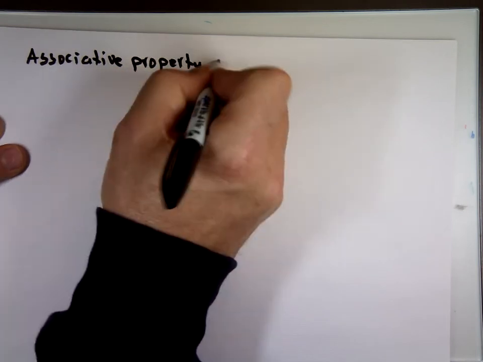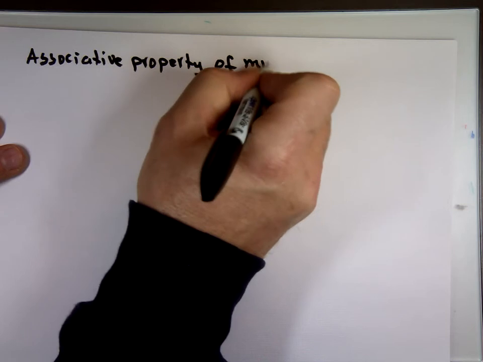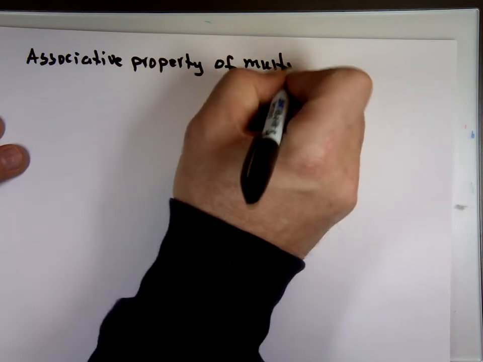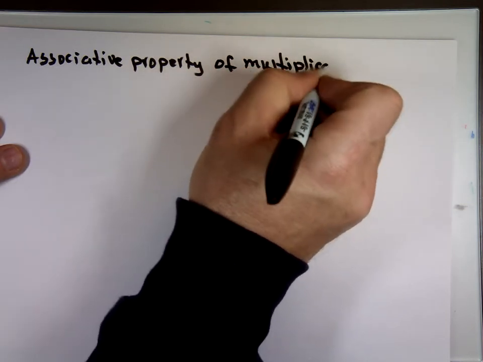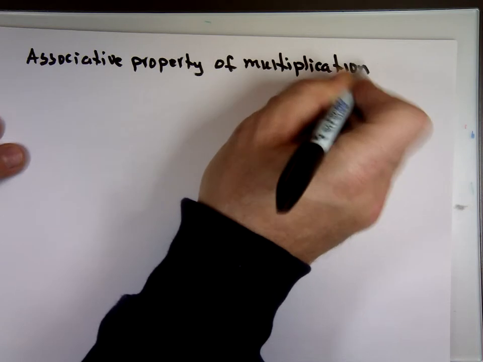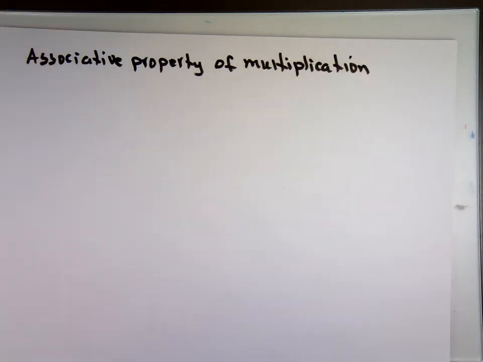Some books just call it associative property of multiplication. They'll stop there. But most books will say associative property of multiplication with respect to addition. Our book stops at the associative property of multiplication because it applies to addition or subtraction.